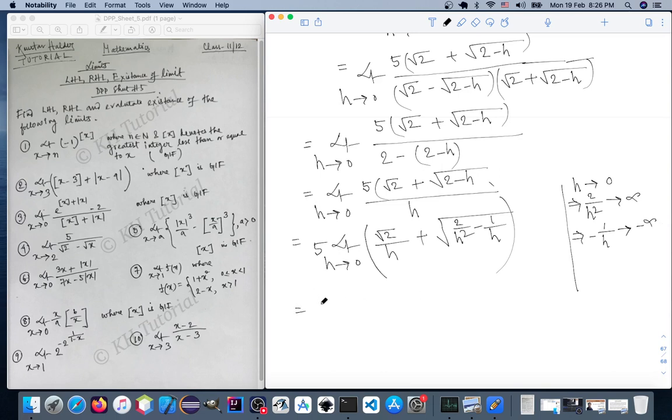So it becomes 5 into, also, root 2 by h tending to infinity. So this becomes infinity plus root of infinity minus infinity. This is infinity.